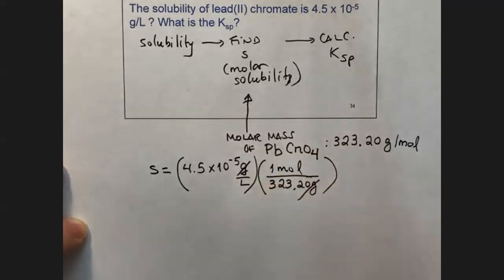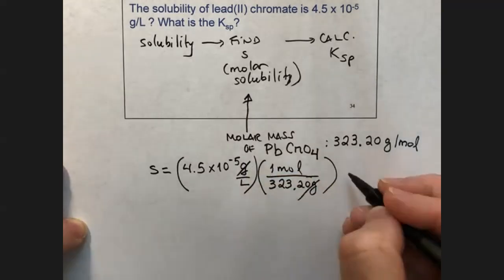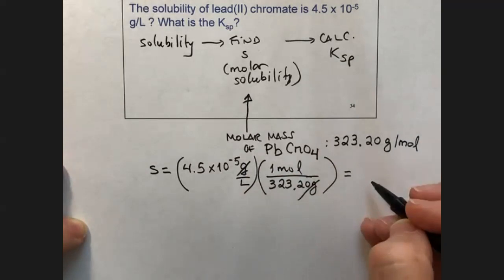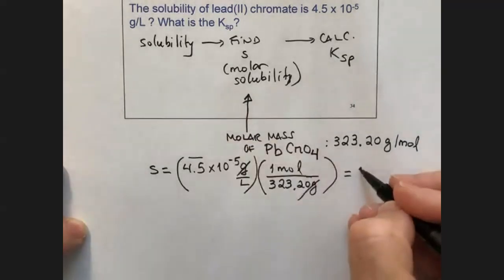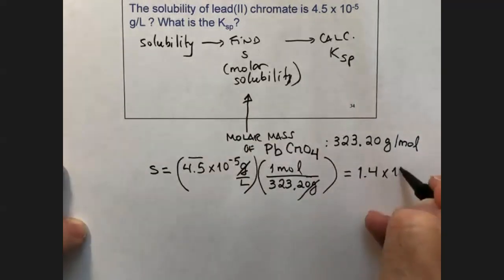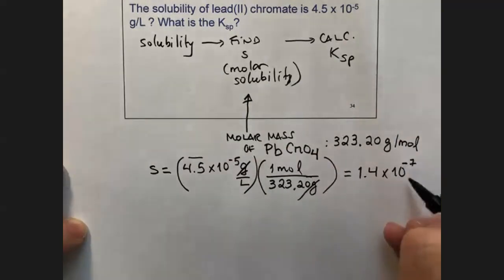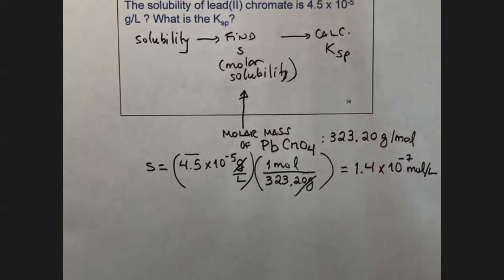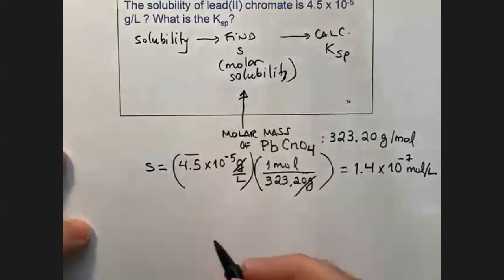So those cancel out, and you can solve that. You're going to get, to 2 sig figs, 1.4 times 10 to the minus 7 moles per liter. All right, that's S.